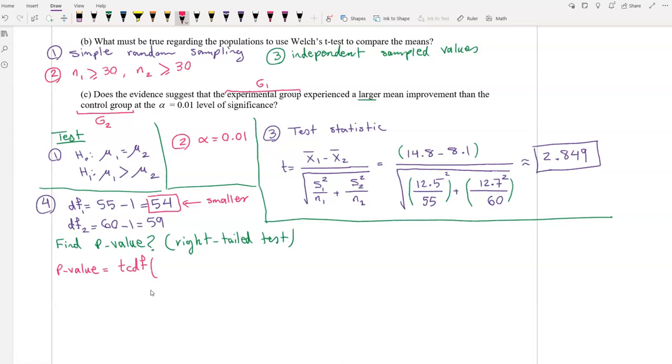This is right tail test. So first we have to enter our t as 2.849, comma, positive infinity. We can use 9999 or 1 exponent 99, comma, degree of freedom. We have to use a smaller degree of freedom, which is 54.